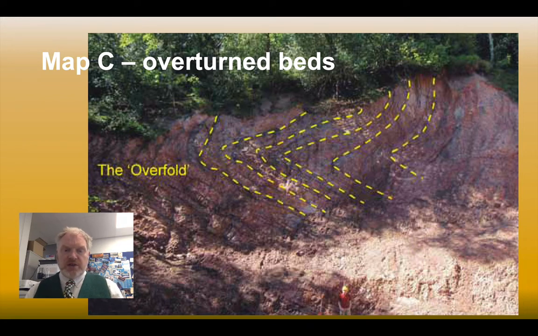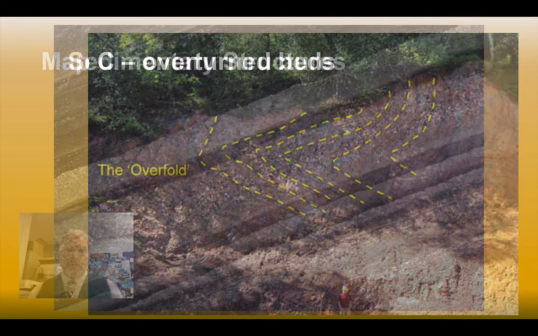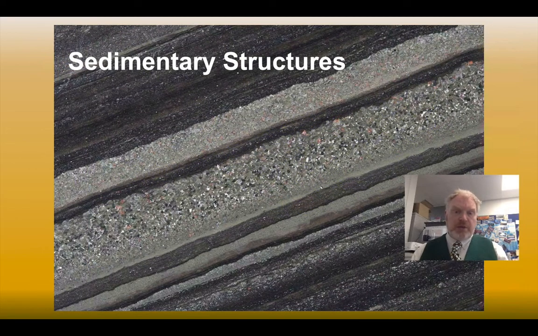Now, we can recognize overturned beds either because, as I say, a symbol will show us that the bed's overturned, or that there's some type of way up criteria which allows us to work that out. For example, sedimentary structures. There are some sedimentary structures that form in a way that means they have to have one way as the right way up.